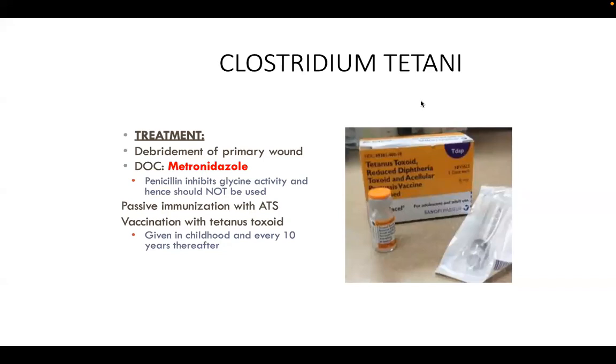As to the giving, it would depend on the vaccination history of the patient. Please remember this.